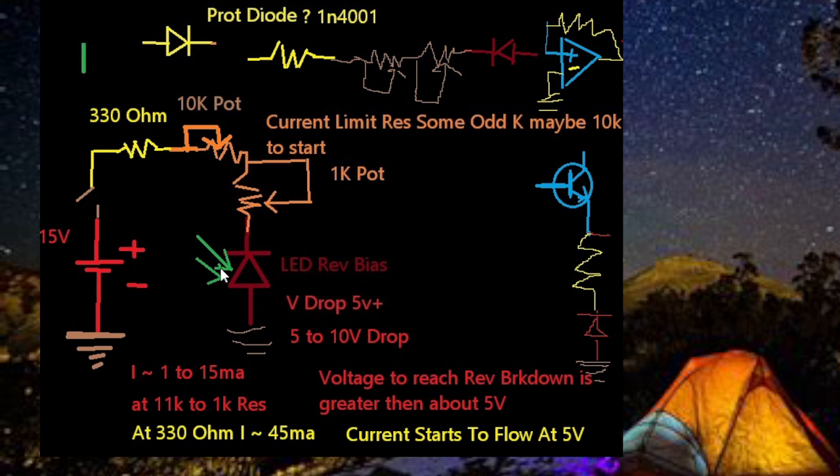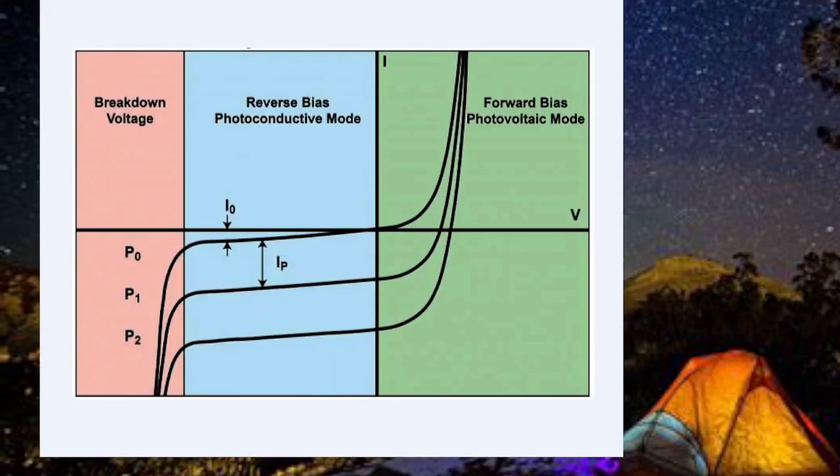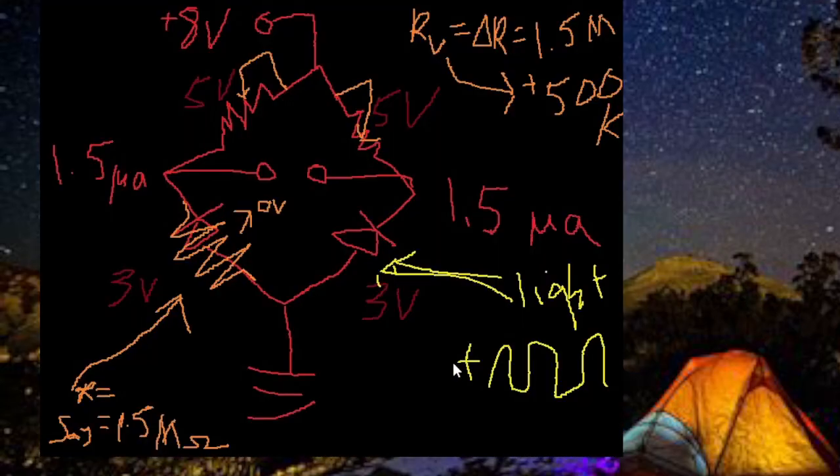So I'm thinking that in order to amplify this, we're going to do what's called a Wheatstone bridge. If we have a potentiometer that does the same resistance on both sides, say it's 3 volts, we already kind of know what that resistance is. It's like 1.5 megohms.